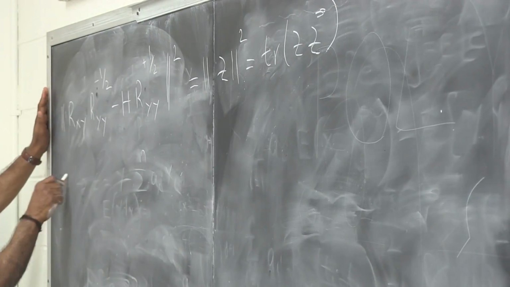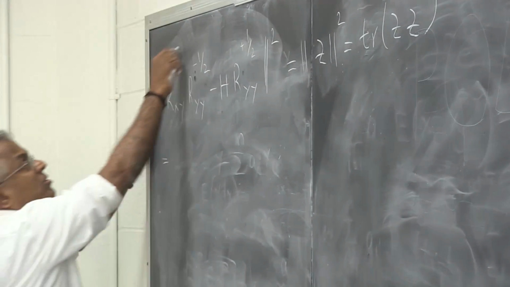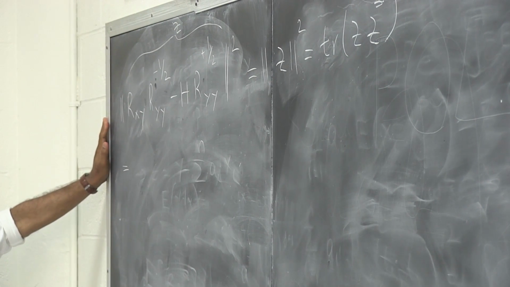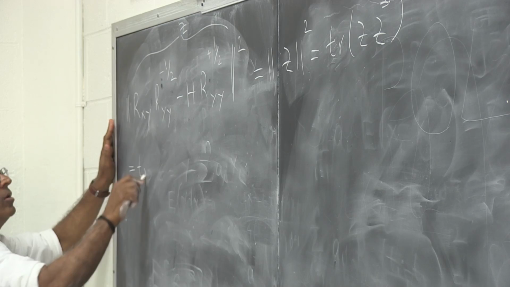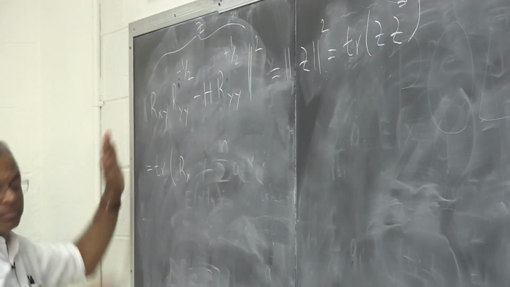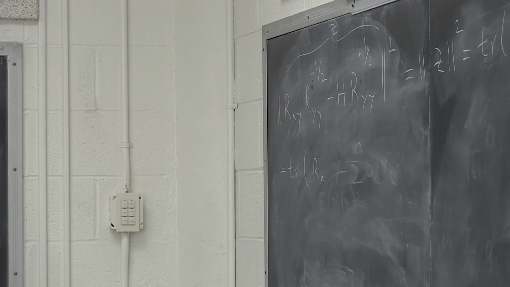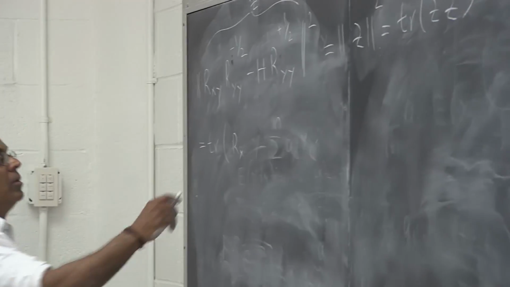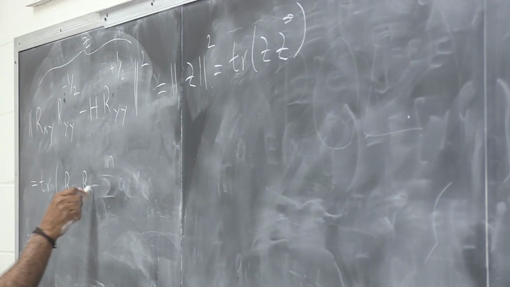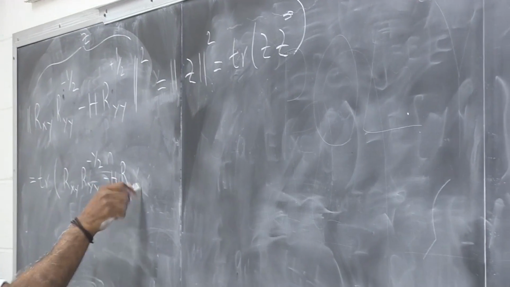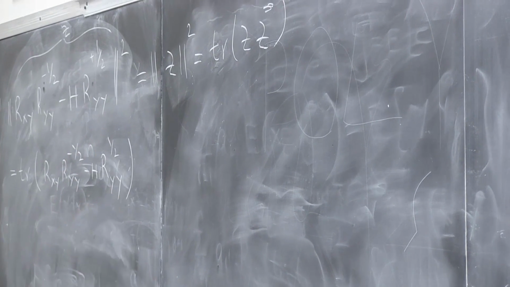So, if this whole thing is Z, that's what I mean by the norm squared, which is a trace of RXY RYY minus half minus H. You don't have to write it down because I gave you the notes.